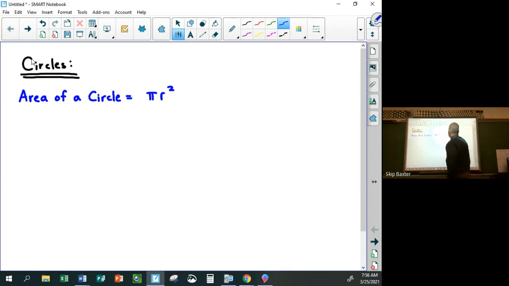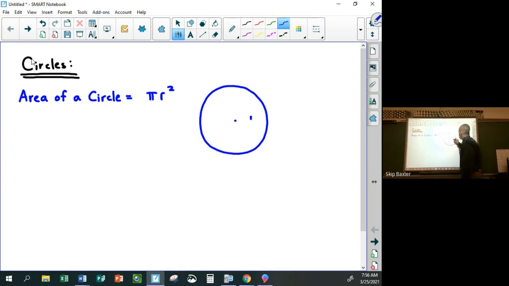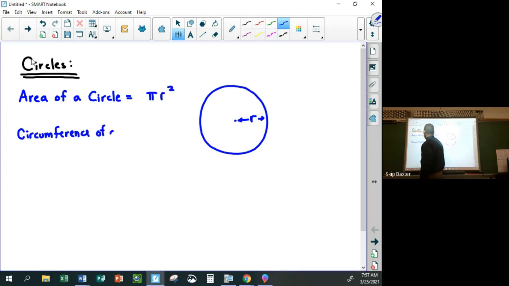Remember, r represents the radius of the circle. That's just the distance from the center to the edge of the circle. That's the radius. Okay. In addition to this, circumference of a circle is like the perimeter length, and this is 2 pi r.